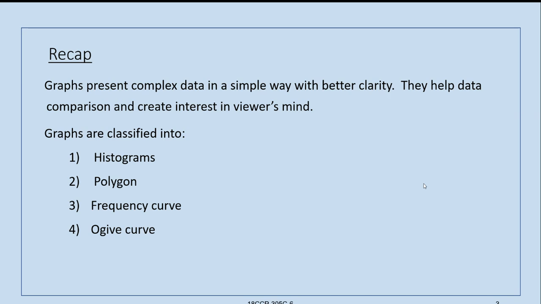They also help us to compare the data, because in a picture we can present the data in a summarized manner in almost one page in most of the cases, or in 2 pages, and which will create interest in the viewer's mind. The viewer or the user starts thinking about the picture. The impact of the picture is so much that the picture is analyzed, what is explained there, and then the viewer can take decisions.